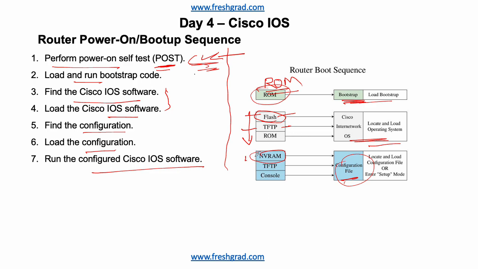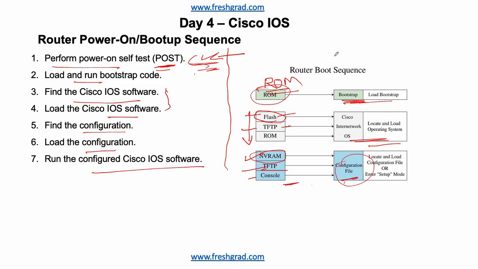The router looks in the NVRAM first, and if not found there, it goes to the TFTP. If it's not found in the TFTP, then the final boot stage, the system configuration dialog, is launched, like the initial setup console mode. This process ensures that the router initializes properly, loads the necessary operating system, and applies the appropriate configuration.